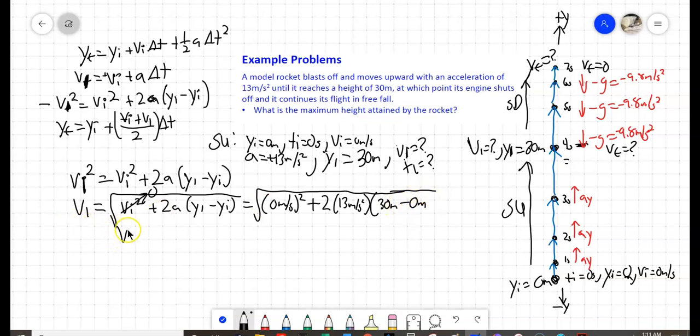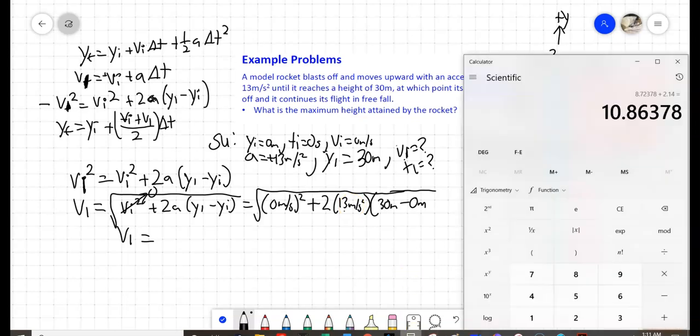Okay, so v1 is equal to the square root of 2 times 13, which is 26, times 30. 2 times 13 times 30 equals 780. And now we're going to take the square root of that.